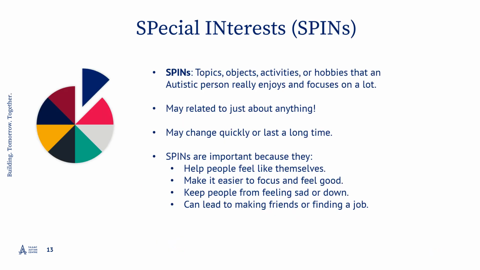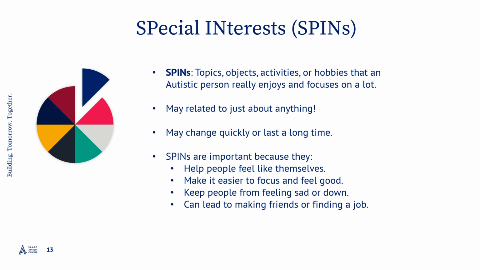Special interests, or SPINs for short, are topics, objects, activities, or hobbies that an autistic person really enjoys and focuses a lot of their time on. They may be related to just about anything, including trains, animals, computers, museums, artists, or TV shows.